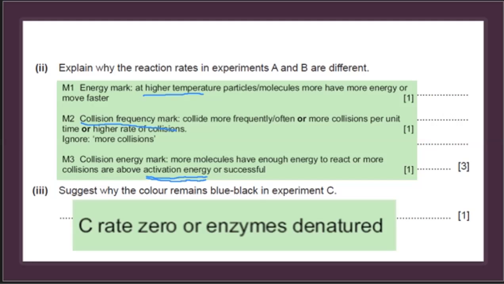But simply put, higher temperatures means more energy is available, and the particles can move faster. A greater collision frequency means there are more collisions, so there are more chances of the right reactants reacting together and producing a product. And for the collision energy, they have sufficient energy to change from reactants to become products.